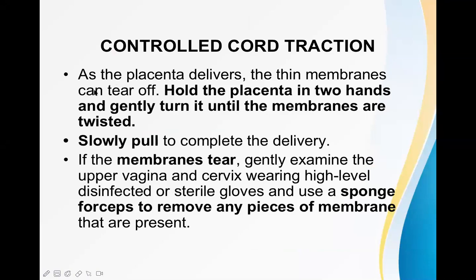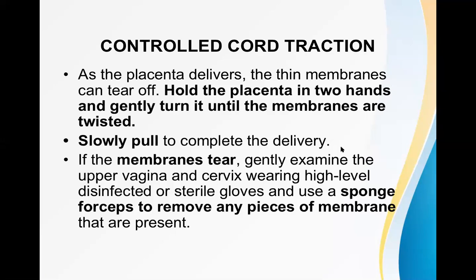Let's move further. As the placenta delivers, the thin membrane can tear off. Now, which membrane are we talking about? What are the names of these membranes? These are amnion and chorion.